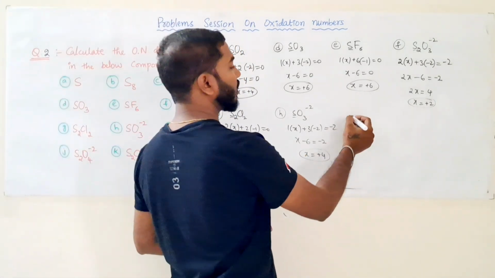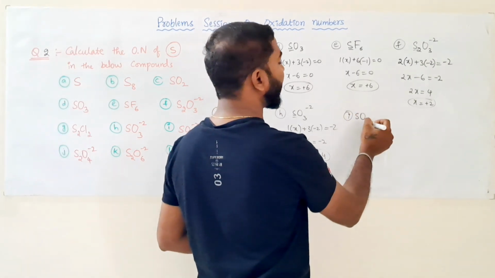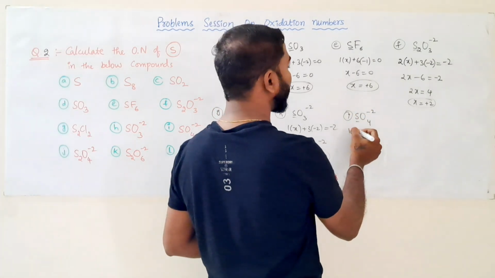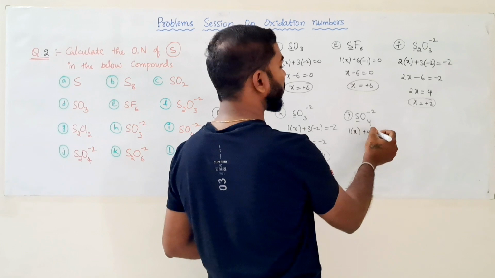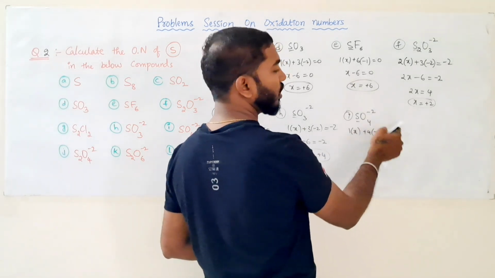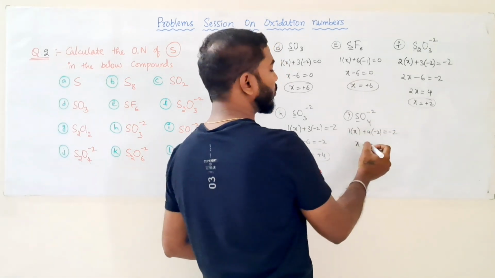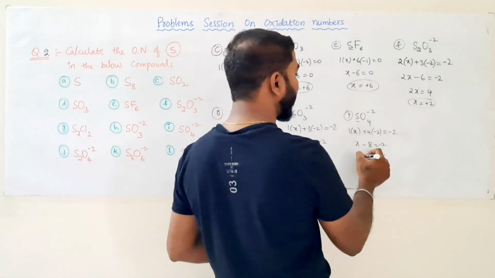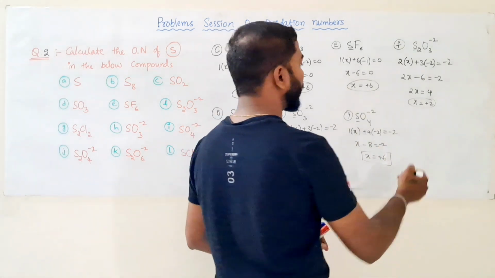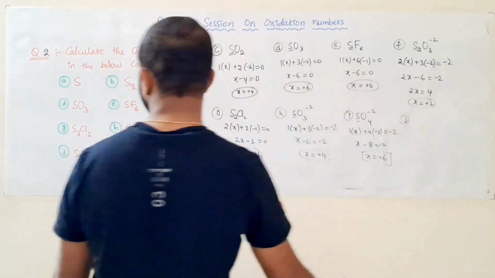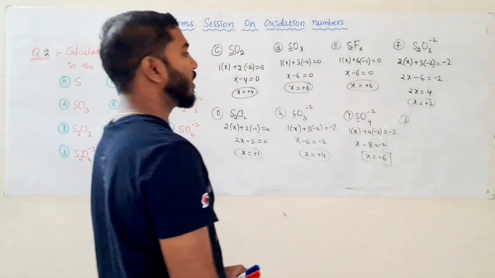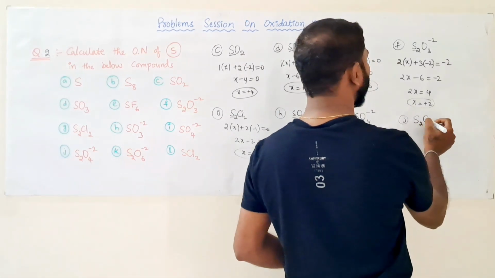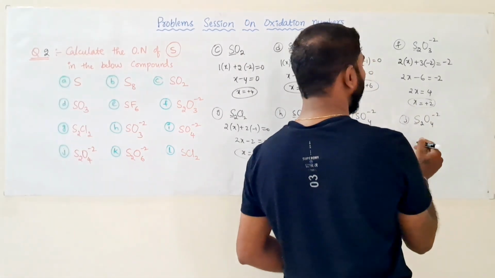Okay, and then let's move to the next one, that is sulfate, SO4 2-. So 1 into X plus 4 oxygens, for each oxygen minus 2, is equal to the whole charge minus 2. So X minus 8 equal to minus 2. So X value will come out as plus 6. Okay, and then next let's move to S2O4 2-.